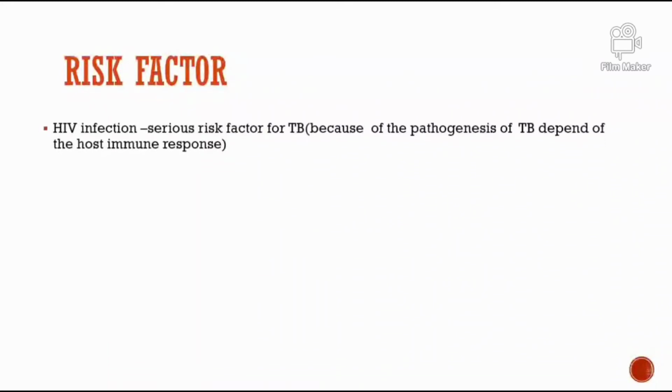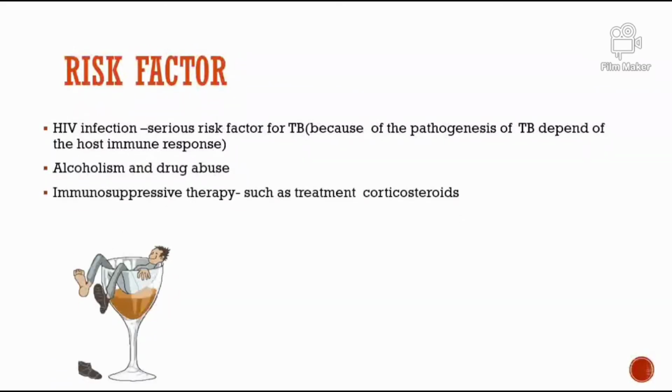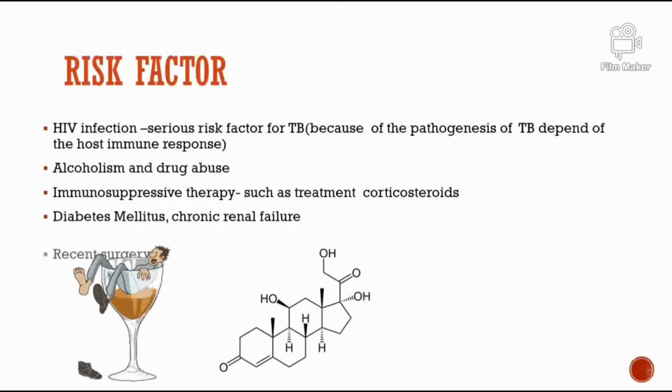The risk factors of TB would be HIV infection, which is a serious risk factor because the pathogenesis of TB depends on the host immune response, alcoholism and drug abuse, immunosuppressive therapy such as treatment with corticosteroids, diabetes mellitus, chronic renal failure, and recent surgery.